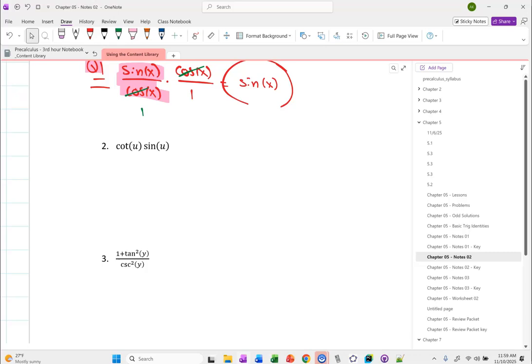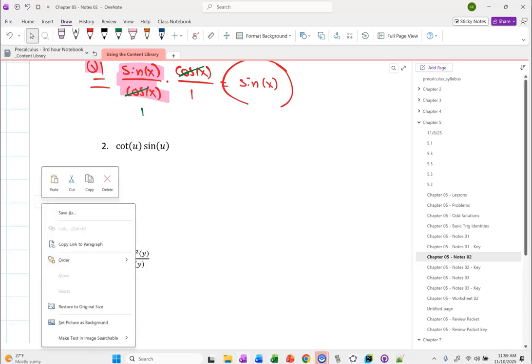Cotangent u times sine u. Anything we can do algebraically? Nope. Let's use an identity. What's going to be the goal for our identity? We want to get everything in terms of sine and cosine, so let's use quotient identity 2.